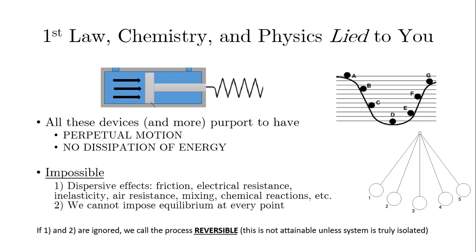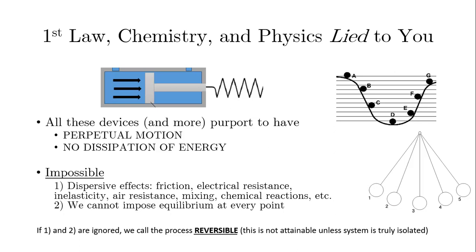Therefore I can release that spring and it will push back on the piston and compress the gas again, and it will go on forever. If that's the case for any of those 3 processes, then we've achieved perpetual motion, and we know that perpetual motion is impossible.